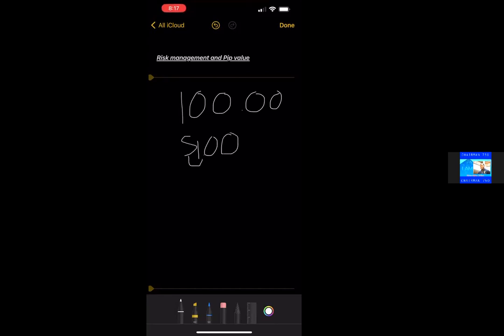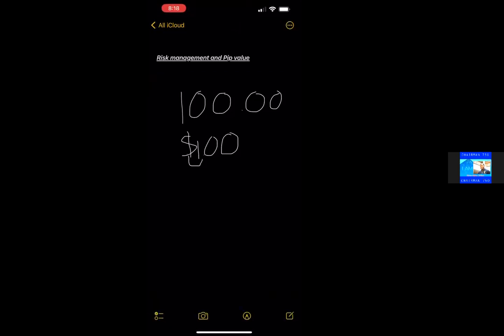And you can see right here that is $1 per movement in the market, per pip in the market. So now we actually know exactly how much money we are going to make or lose when we understand how many pips are the current trade that we are actually trading.